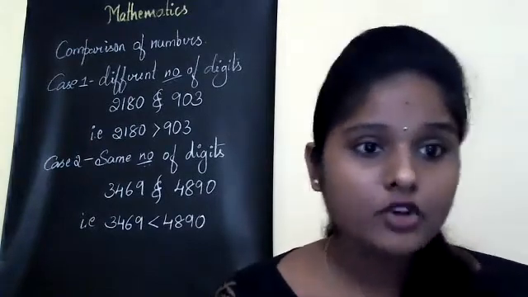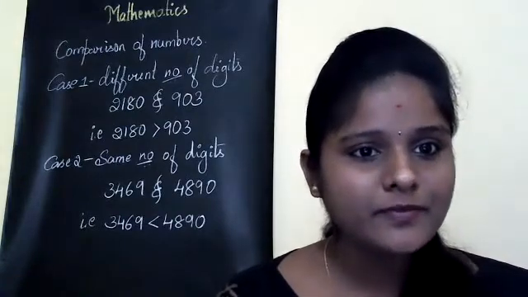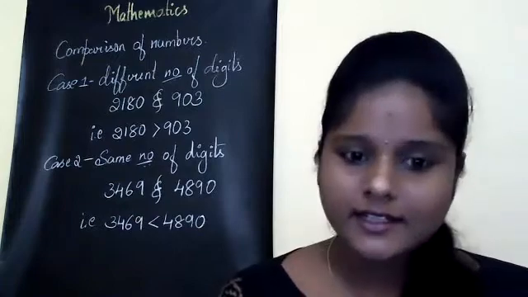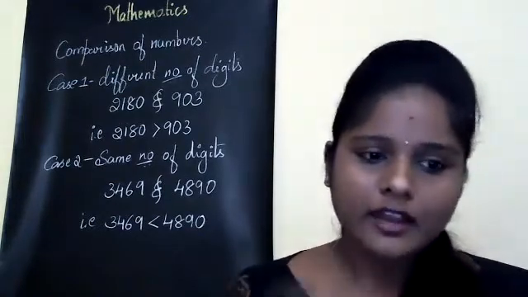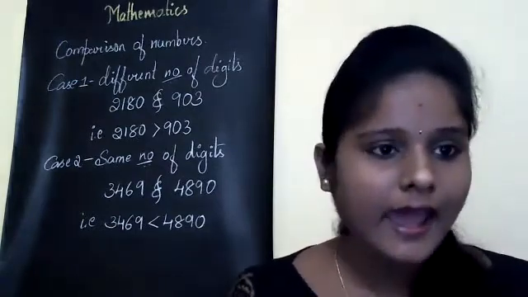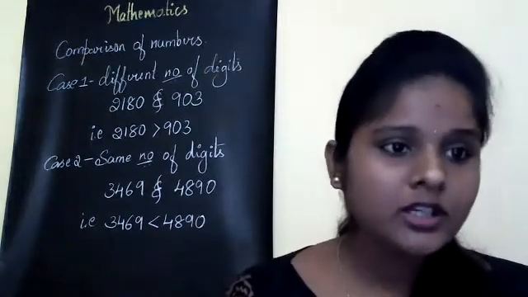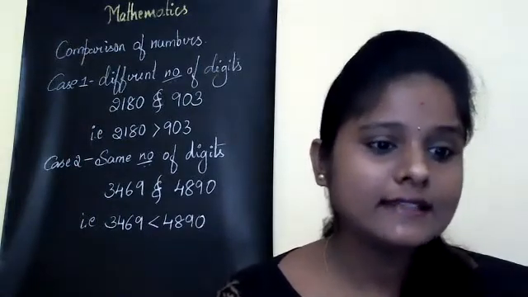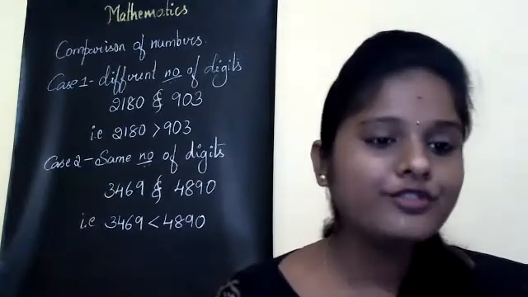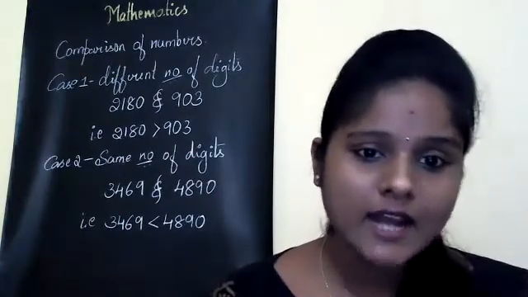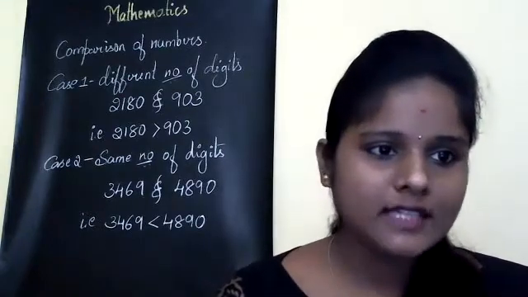Now tell me whether 3 is greater or 4 is greater. 4 is greater, isn't it? That means 3 is less than 4. So I have put a left side arrow, lesser than. That is, 3,469 is less than 4,890. Did you understand these two cases?